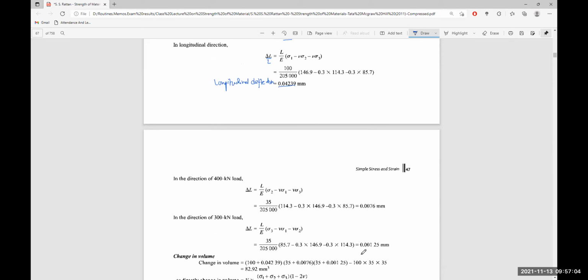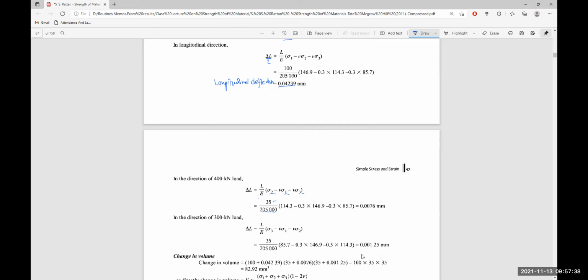In the 400 kilonewton load direction, the same is the case. We are using the length as 35, and the respective values of the stresses sigma 2, sigma 1, sigma 3. Sigma 2 is 114.3 minus 0.3 multiplied by 146.9 minus 0.3 into 85.7, which gives 0.0076 millimeter, divided by E as 200 times 10 to the power 3, and length is given as 35.